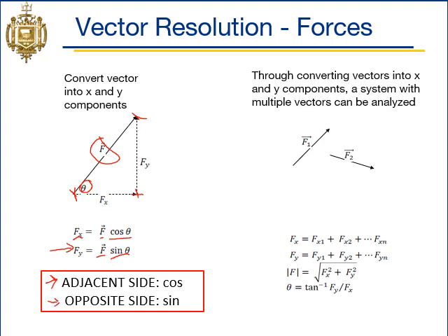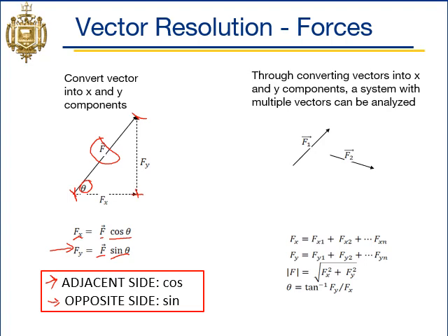Sine is for the opposite side. So that's how we convert vectors into their x and y components. We just use a little bit of trigonometry, and that will tell us the x and y components.